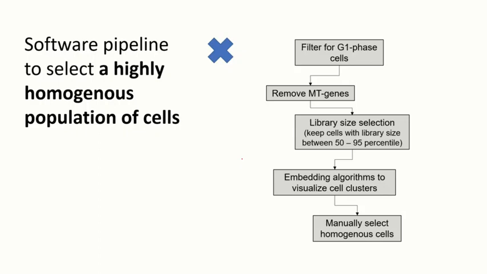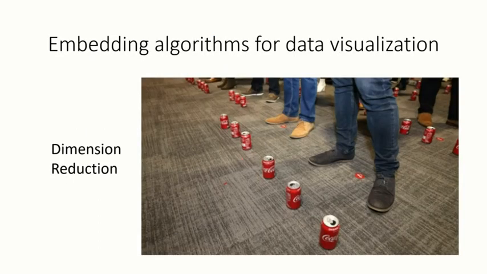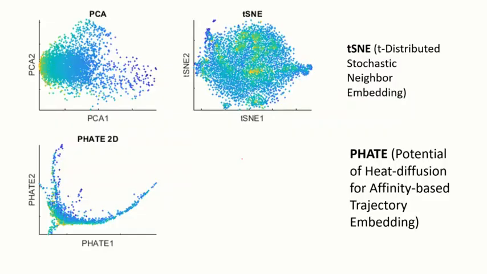We select not too high, not too low, so the library size, the total number of sequences in the cell, is almost the same. Then we use embedding algorithms to visualize the relationship between cells. If you use t-SNE, UMAP, PCA, and FATE, you get slightly different embeddings.